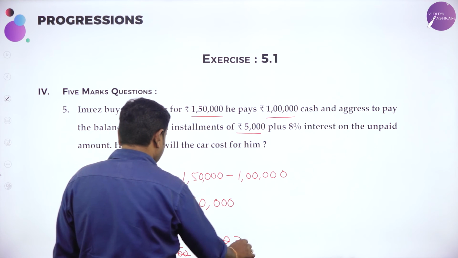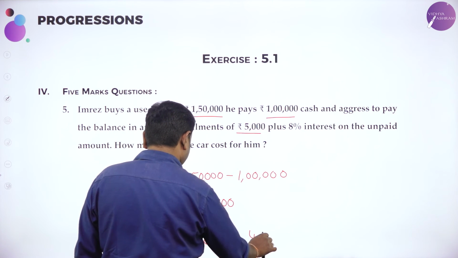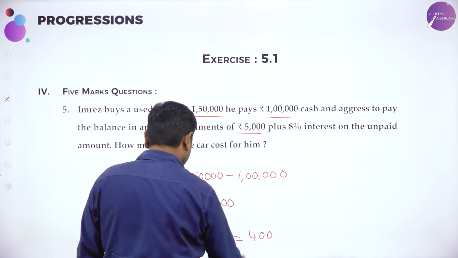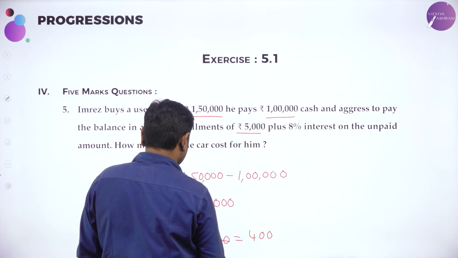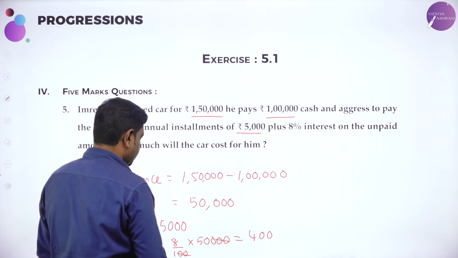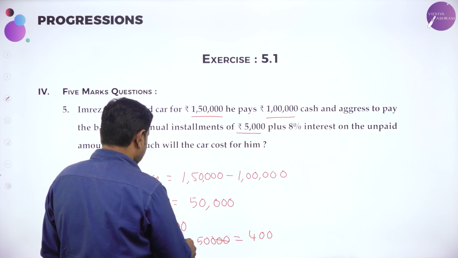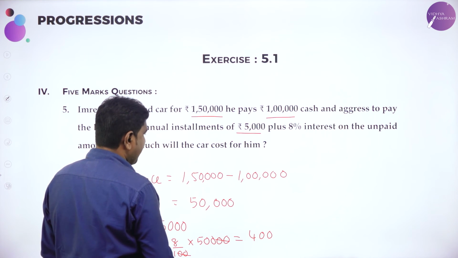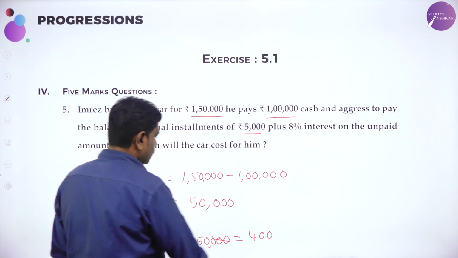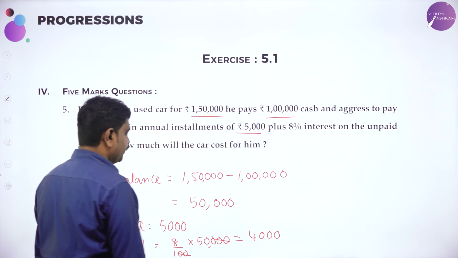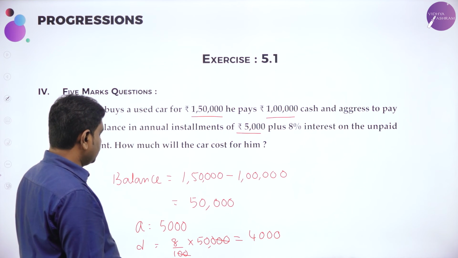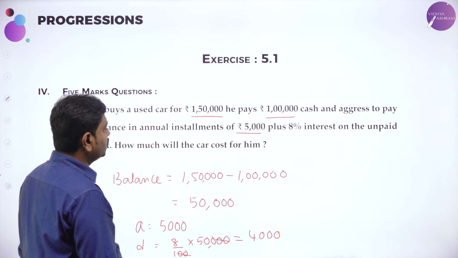So 8 5s are 40. PTR by 100, right? P. So 4,000. So now A is 5,000 plus 4,000.